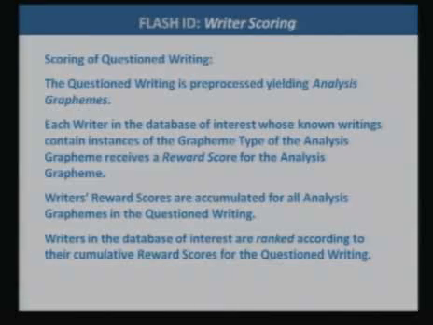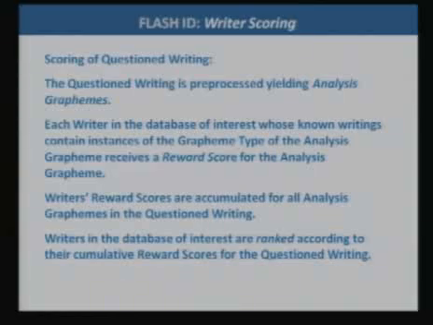Now the scoring. We start the scoring. We have a question writing, question document. We process it the same way we process the known writings. We skeletonize, we segment, we come up with a set of graphemes for that question document.